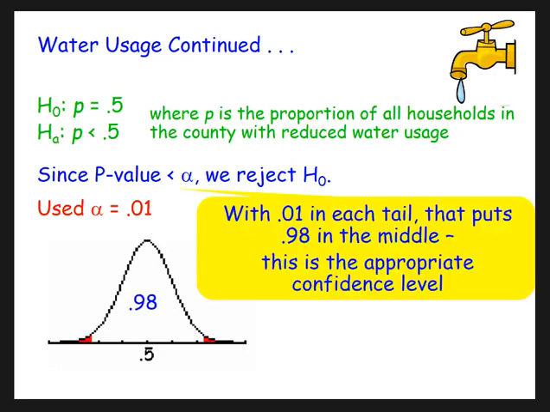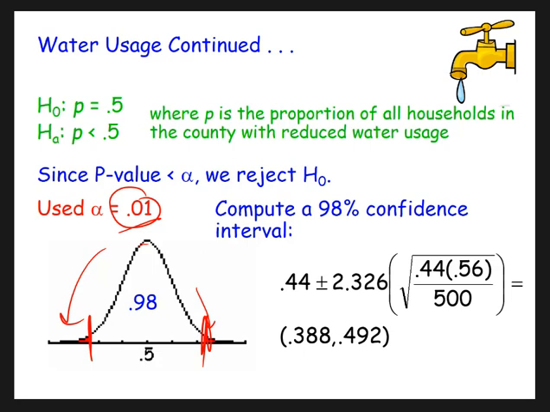With alpha of 0.01, we'd put that 0.01 on both ends. So it really comes down to a 98% confidence interval, because the confidence interval has to be out of the center of the curve. Whatever we clip off on one tail, even though it was only a one-tailed test, we have to clip the same off on the other tail.